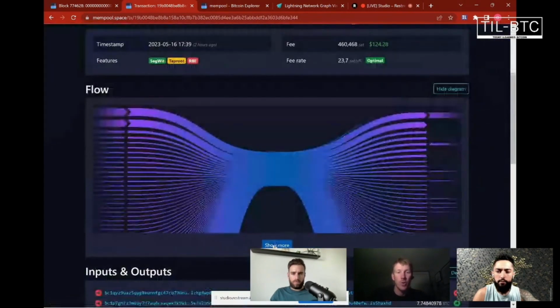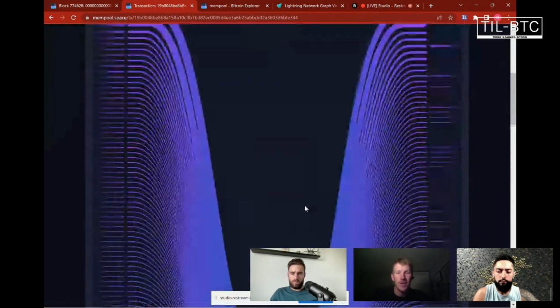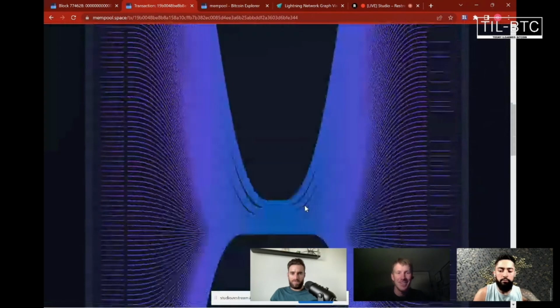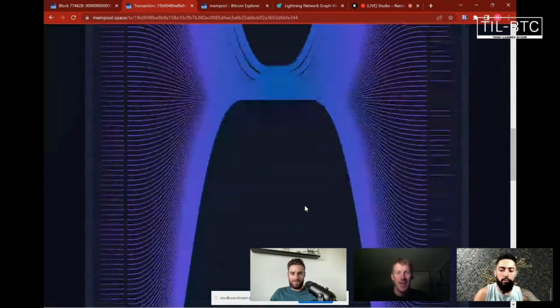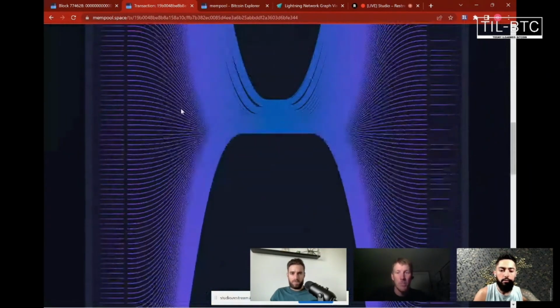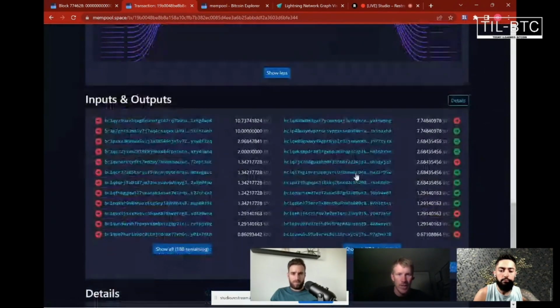Just while we're here, this is what a CoinJoin looks like, basically. There's like a million inputs and a million outputs, and then you'll have equal-sized outputs here. So you can go down here and look. You can see the million inputs come in, they could be whatever size. And then on the output side, you have all these matching ones, same size, so that you're hiding in a crowd.